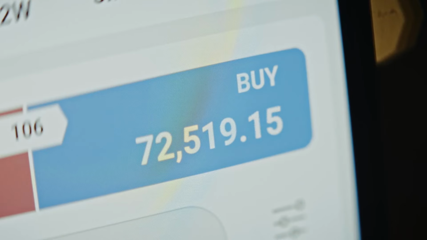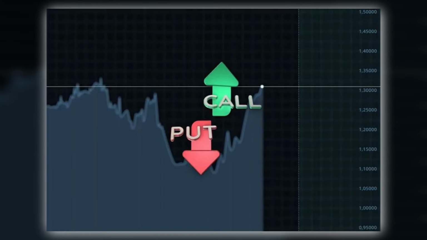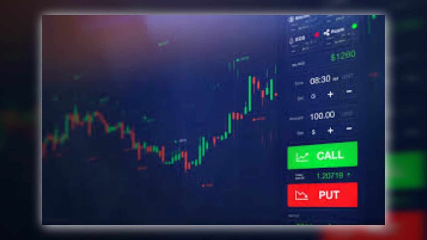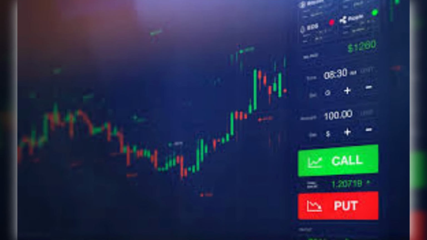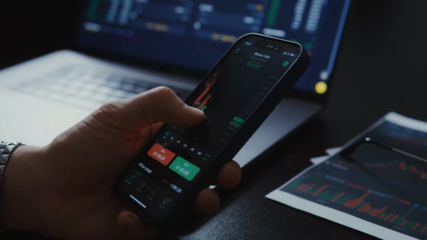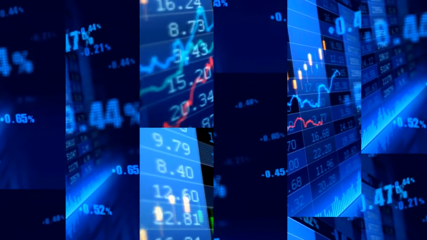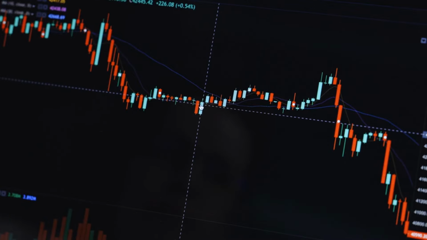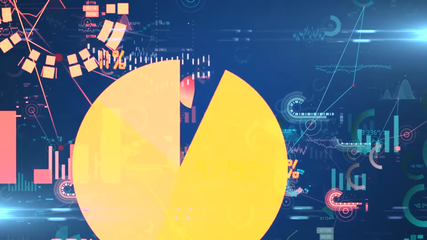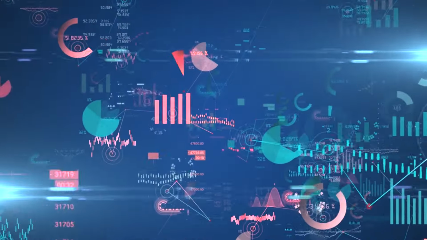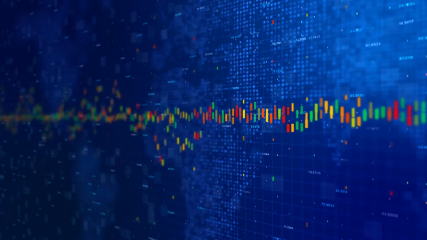This price is called the strike price. The two main types of options are call options and put options. Investors use these options as a way to bet on the future movement of stock prices, or to hedge against potential losses. Let's dive deeper into each type of option to understand how they work and their differences.